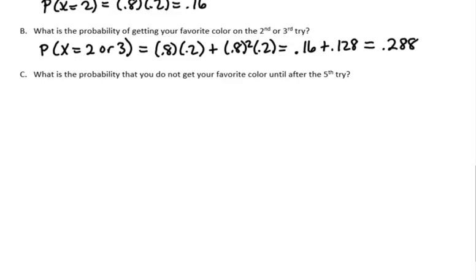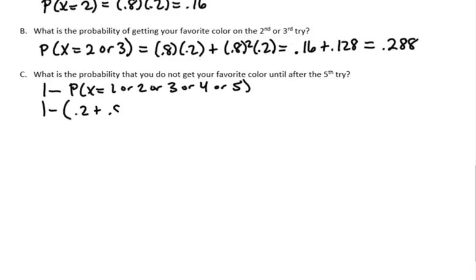So one thing I can do is add up all the probabilities of getting a red on the first or second or third or fourth or 5th try, and then subtract that from 1 to see what would be anything other than that. So I could do 1 minus the probability that x equals 1 or 2 or 3 or 4 or 5. So that would be 1 minus, and then I could do all these probabilities.